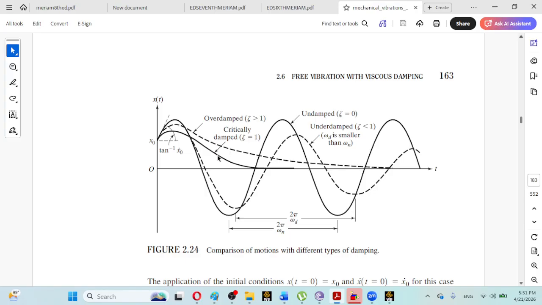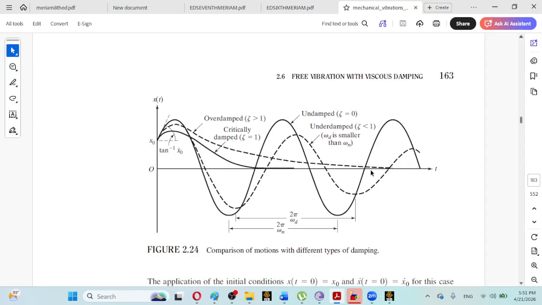The highest damping is obtained not in the overdamped system but in the critically damped system, because the overdamped system is damped later. Its amplitude becomes zero far beyond the critically damped curve. This is the overdamped curve.